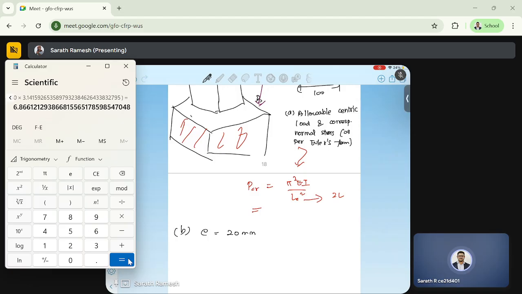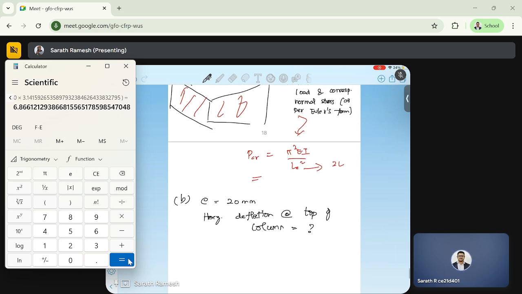So we need to find horizontal deflection at top of column equal to what, and we need to find the maximum normal stress equal to what. Okay, so these two things we need to find, right?